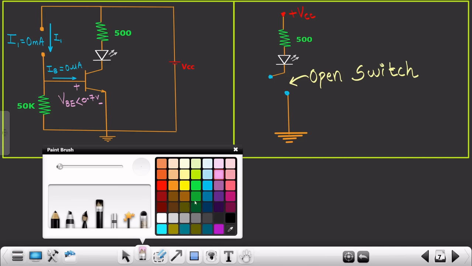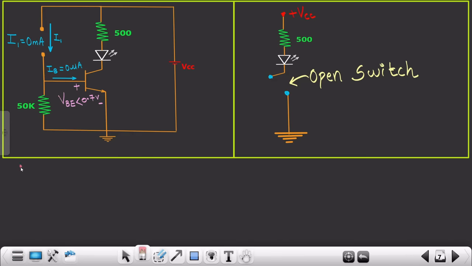So let me write over here. What we can see is, since the current I1 is 0 milliampere, because your LDR acts as an open circuit, or it provides high resistance, which we had written previously. And since your I1 is 0, therefore your IB, or the base current, is equivalent to 0 microampere.